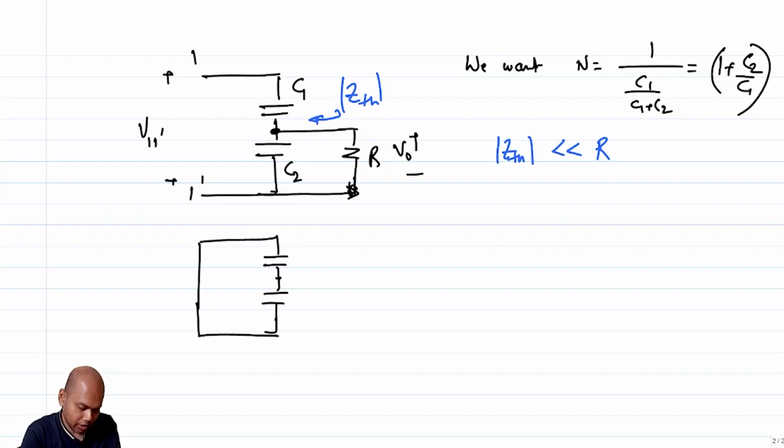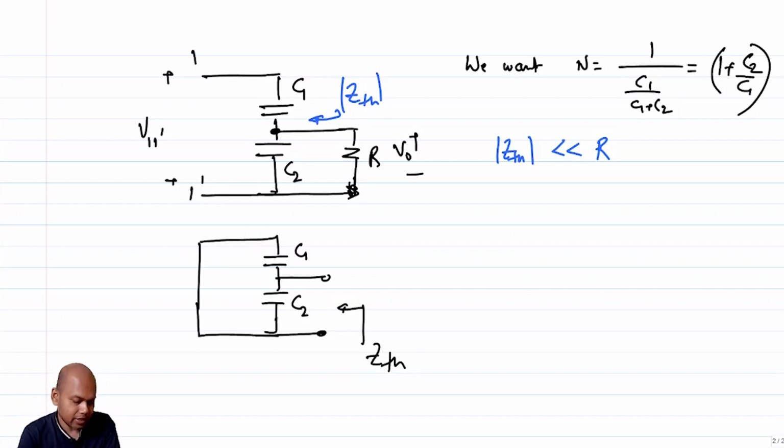I am interested in this part, right? So what is ZTH? Clearly ZTH is a parallel combination of C1 and C2, so ZTH becomes 1 by j omega (C1 plus C2).